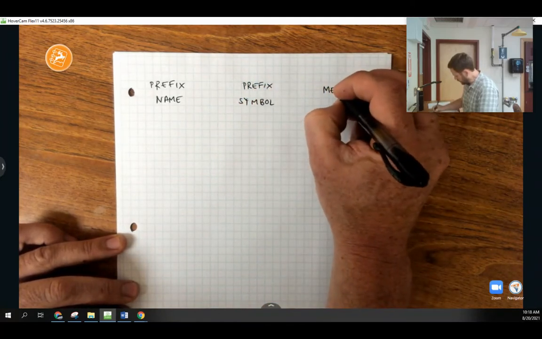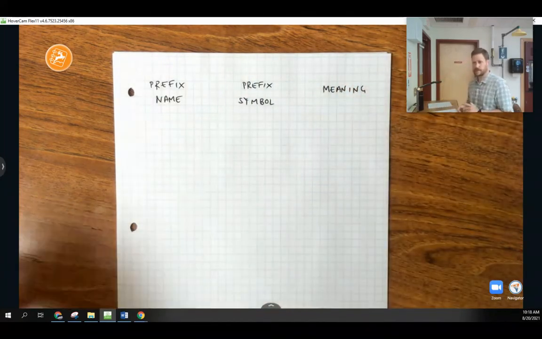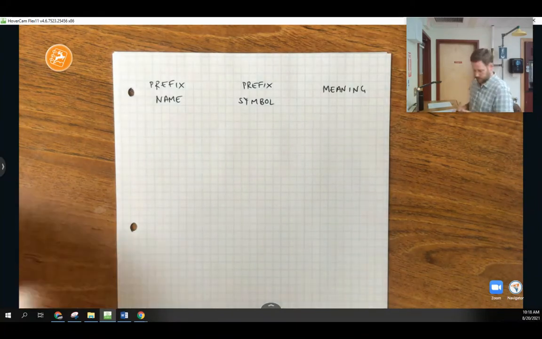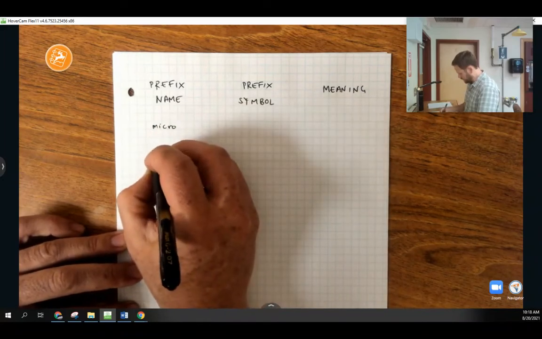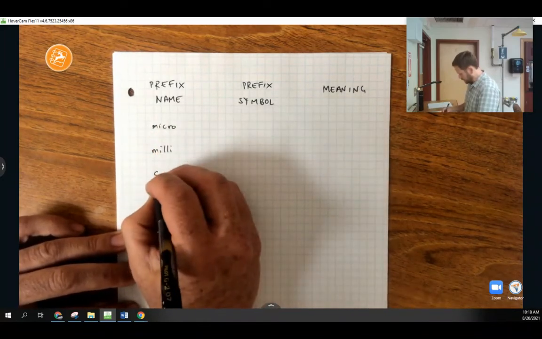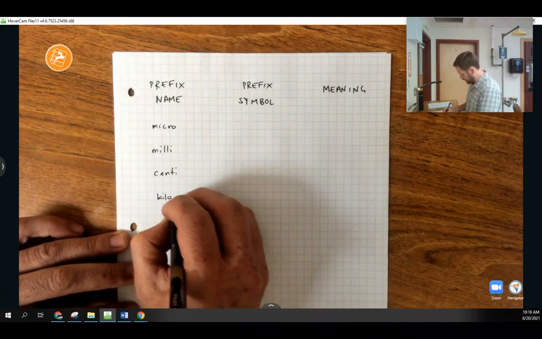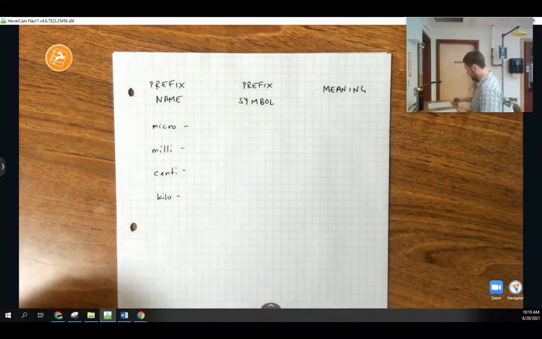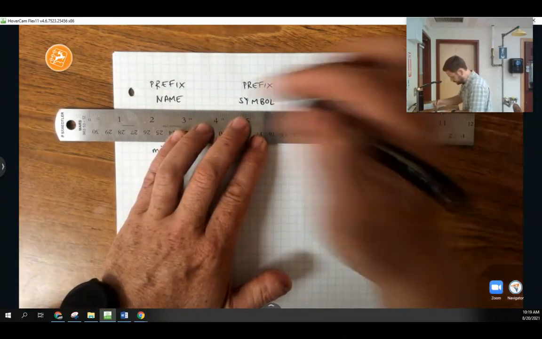And while there are many that are used, including especially in computer science, giga, tera, petabytes, the ones that we'll want to memorize are micro, milli, centi, and kilo. So I'll draw the lines around this data table, and then we'll fill in the rest of it.